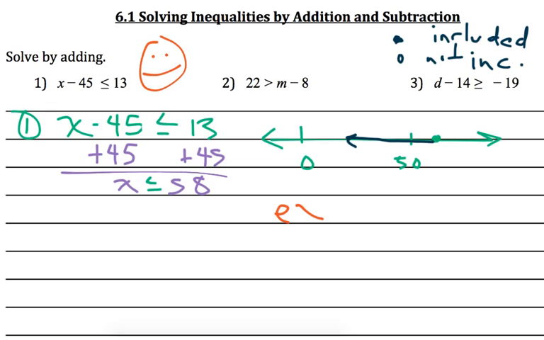And when I say extreme, I mean something outrageous. In math, by trying extremes, you can usually help yourself understand a situation because it makes it that much more ridiculous. So let's imagine negative 1 million, because that would be way far to the left on the number line. If I put negative 1 million into X, then subtracting 45 really has almost no effect at all, and negative 1 million is definitely less than 13.